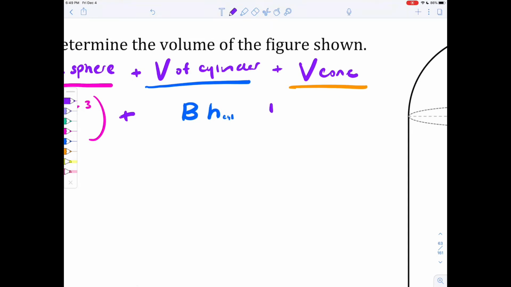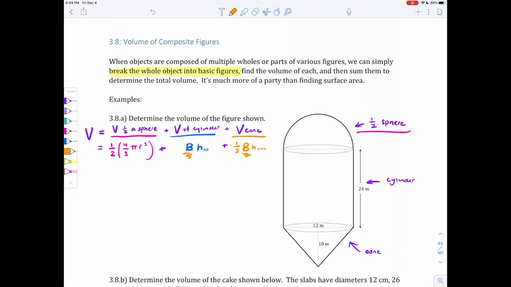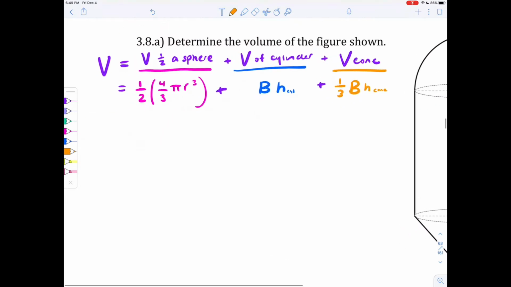And, of course, my cone, my volume there, I did in orange, is 1/3 the area of the base times height, and that's going to be of my cone. Again, I didn't denote these B's or these area of the bases to be different because they're sandwiched together, so they will be same. Just for the sake of plugging all my values in at the same time, I'm going to do the same thing here in my second line for my half sphere, but I'm going to change my capital B's to be more specific to the shapes that I have.